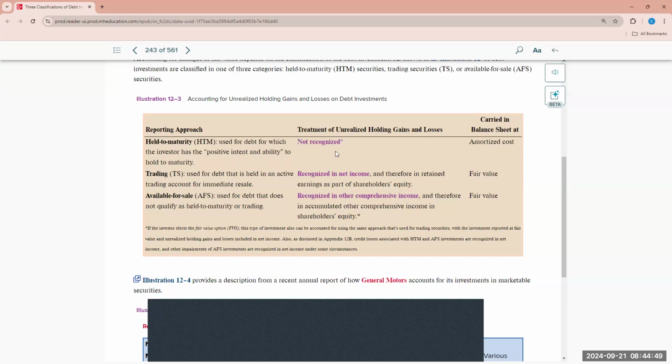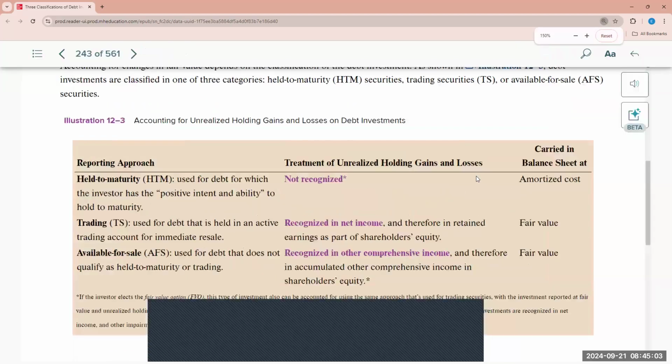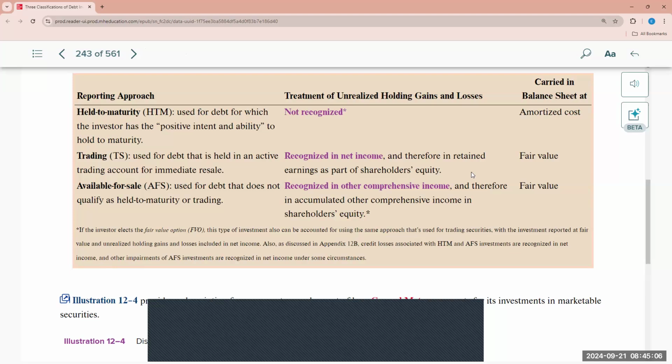So when it is held to maturity, we do not account for any treatment of unrealized holding gains or losses. We don't care about the fluctuation. Why? Because we don't plan to sell it until it matures. For trading securities, any unrealized holding gains and losses are recognized in net income. Therefore, they're retained in earnings as a part of shareholders' equity, and it's carried on the books at fair value in comparison to held to maturity, where it's carried in the balance sheet at amortized cost.